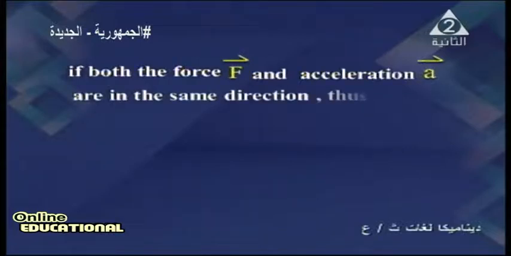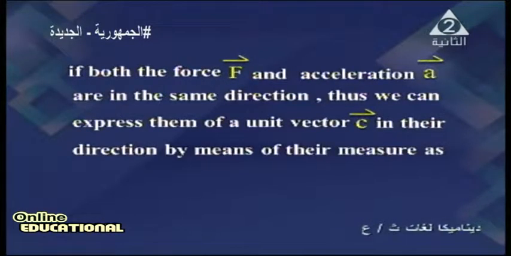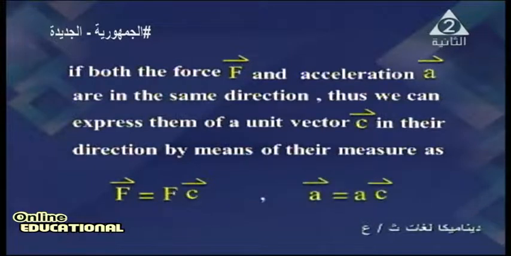If both the force F and the acceleration vector a are in the same direction, we can express them using a unit vector c in their direction, by means of their measures: vector F equals F times vector c and vector a equals a times vector c.